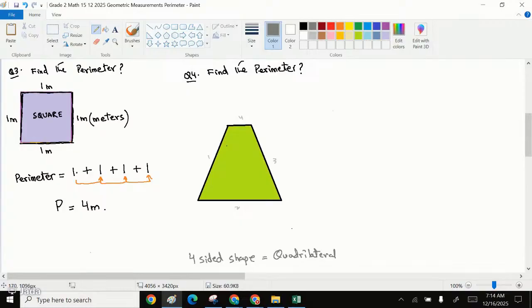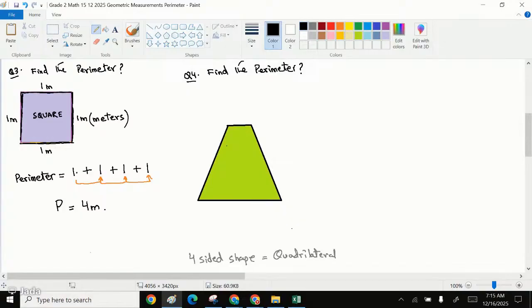A square is also a quadrilateral. This new shape is also a quadrilateral. Anything that has 4 sides will be a quadrilateral. Anything which has 3 sides would always be a triangle, okay?